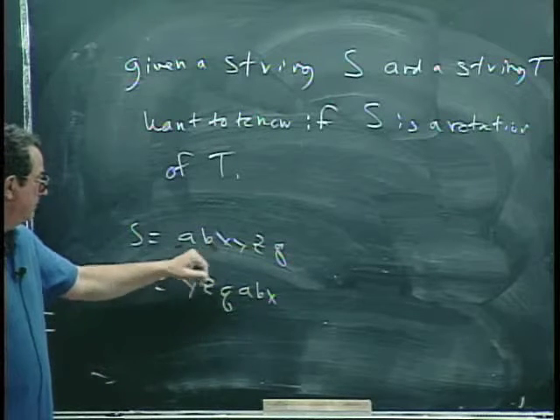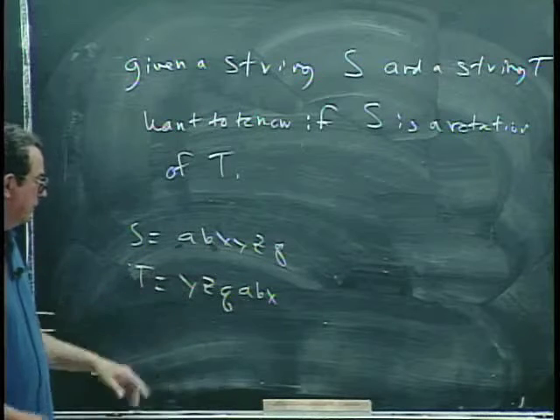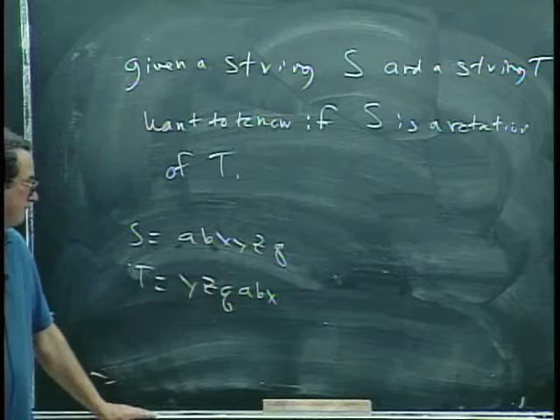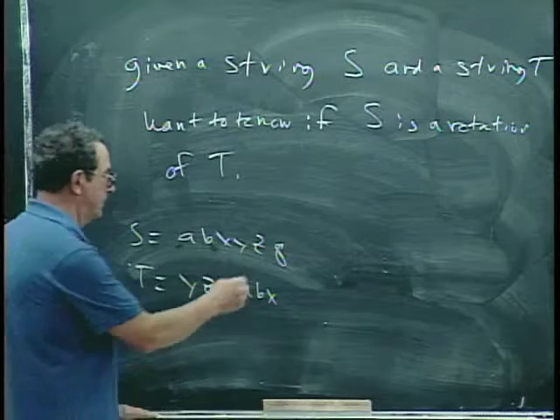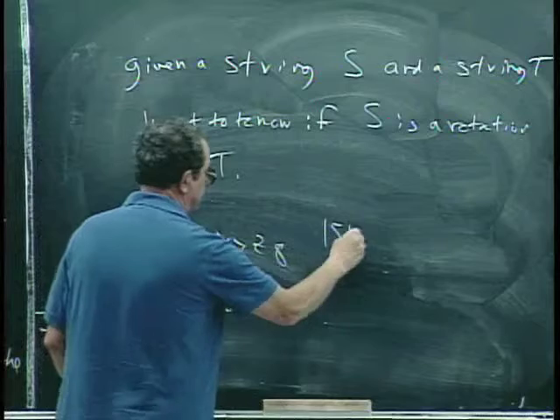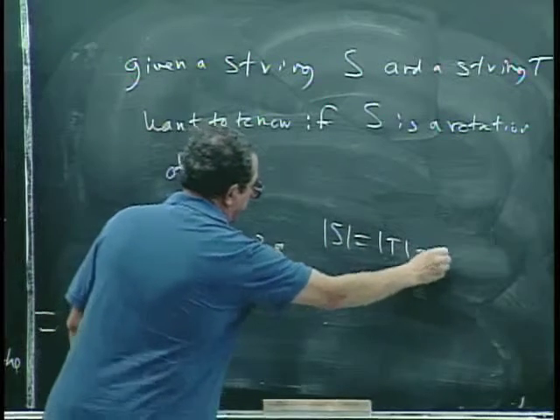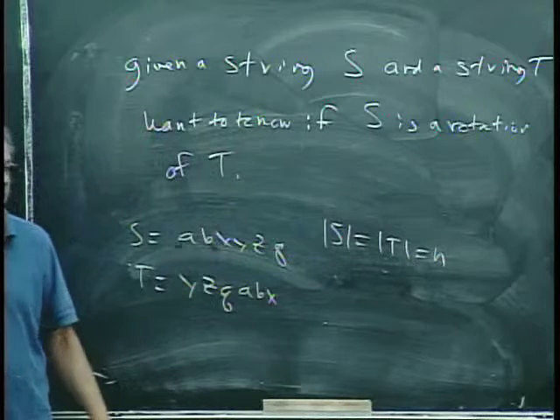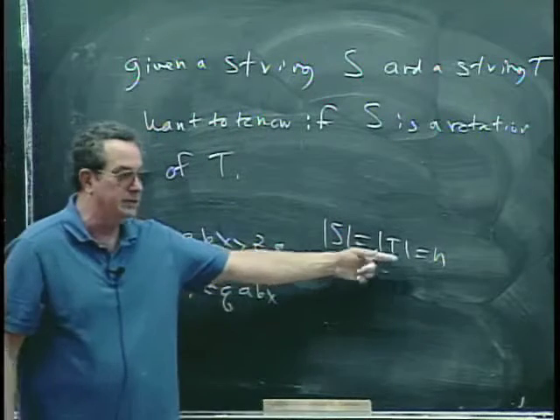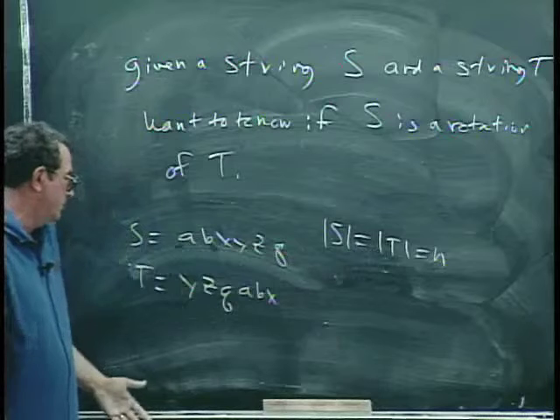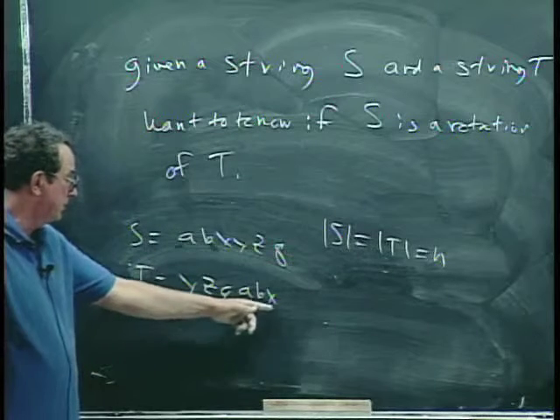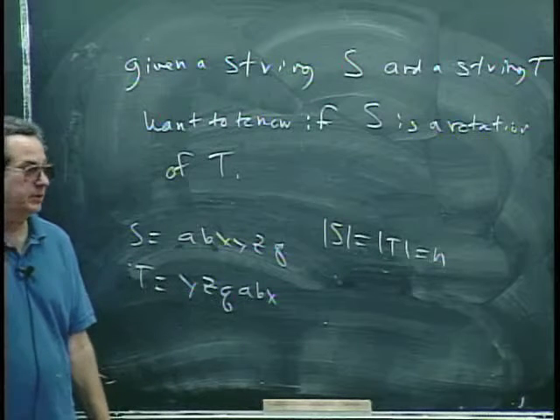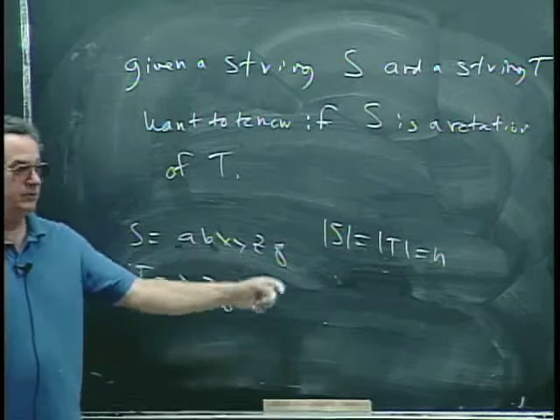Okay, now if you think of a straightforward, direct algorithm for this: certainly if the length of S is not equal to the length of T, then you know that one isn't a rotation of the other, and you can stop. But if the lengths are the same, then one thing you could do is explicitly create the circular shifts one character at a time, and then do your comparison.